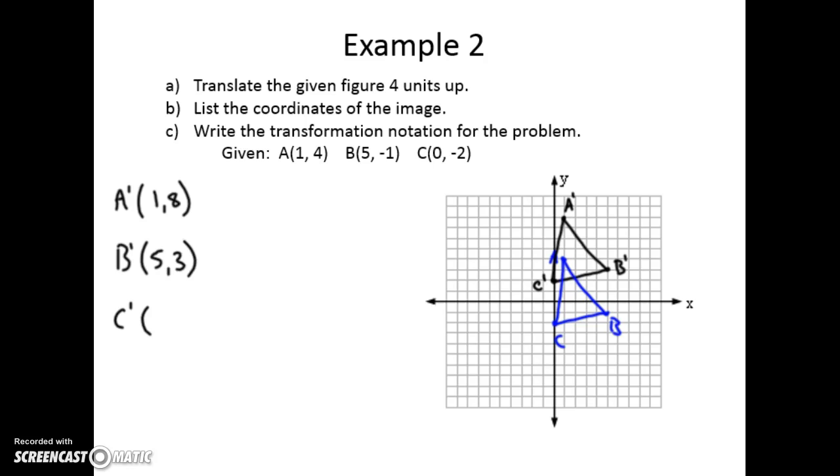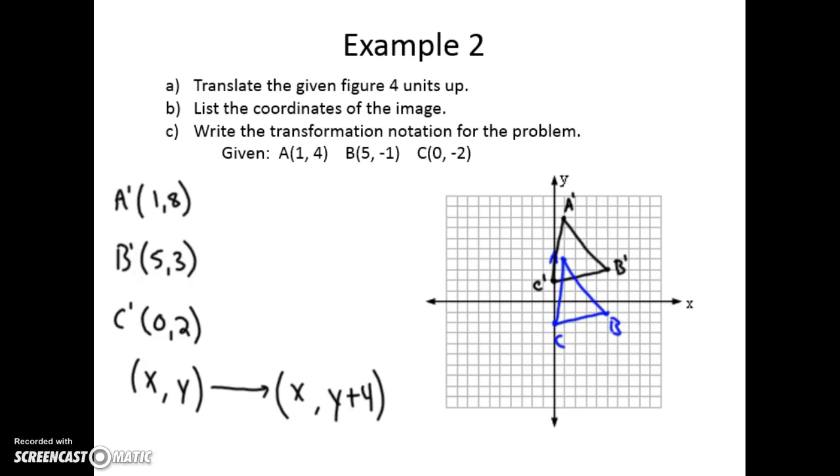And C prime would be 0, 2. In my transformation rule, which I could have started with, would be x and then y plus 4.